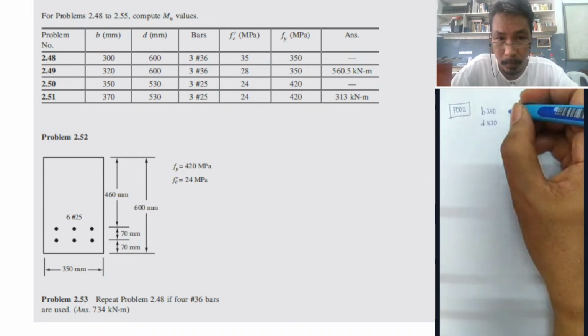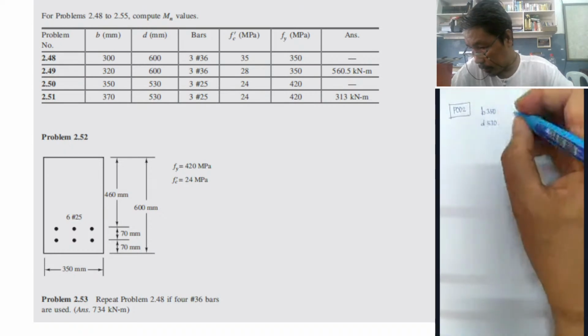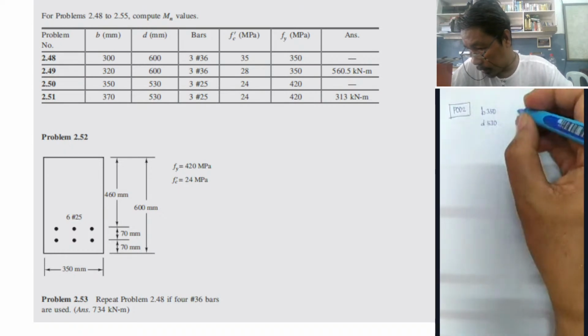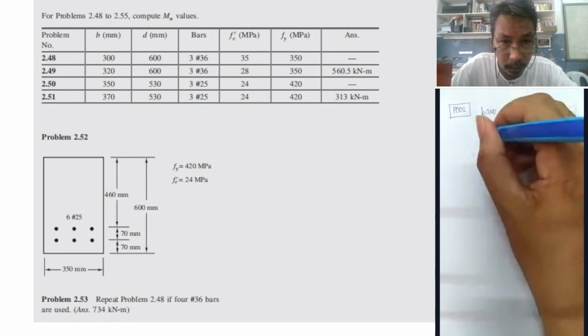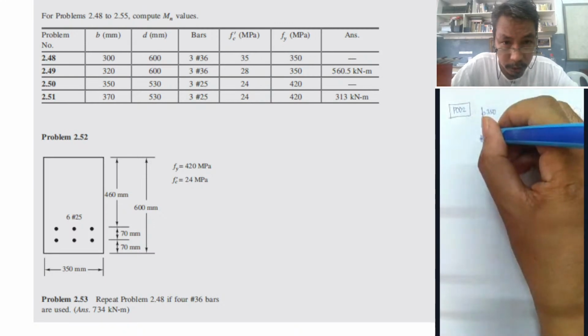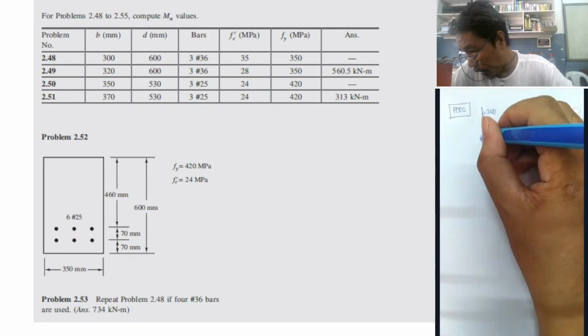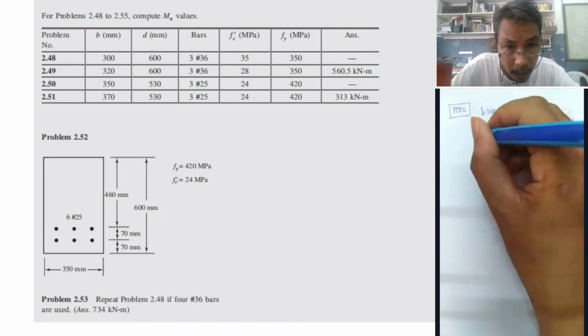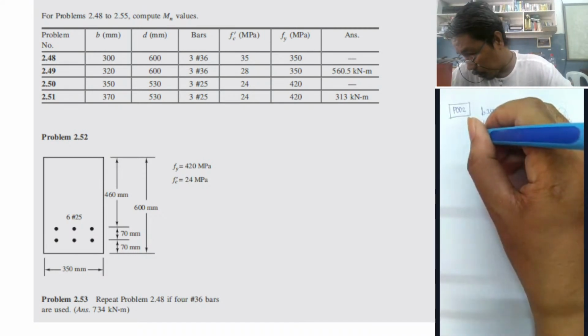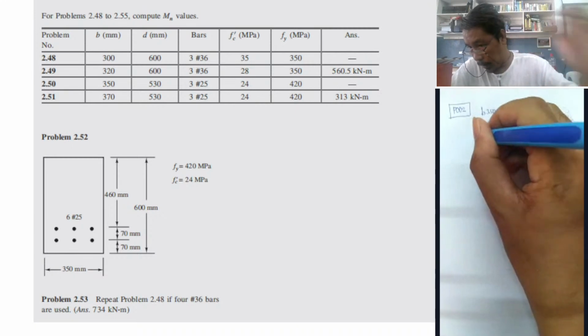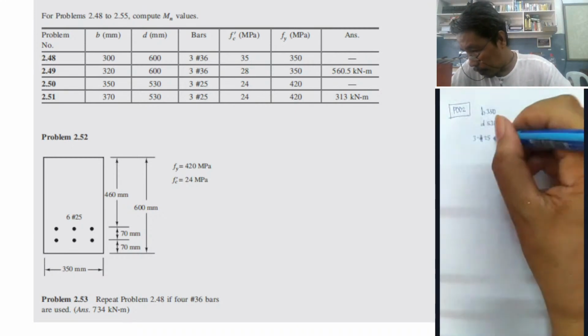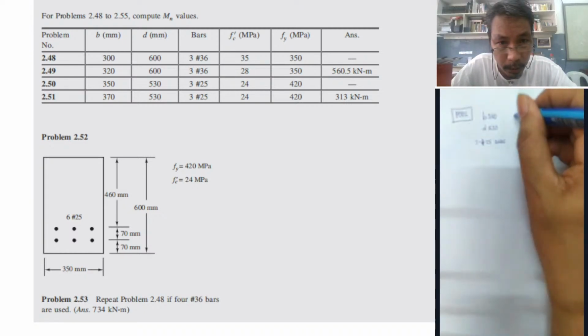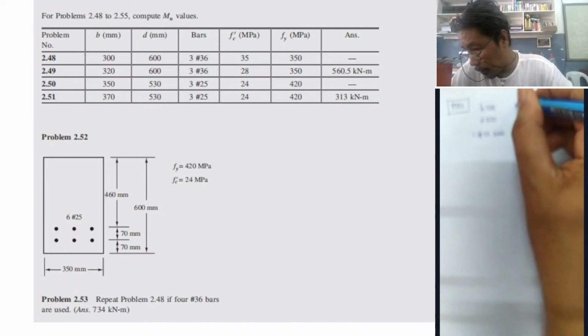Okay, so number of bars. Number 25, how many? 3 of them. So 25 bars. Do we have FC prime?